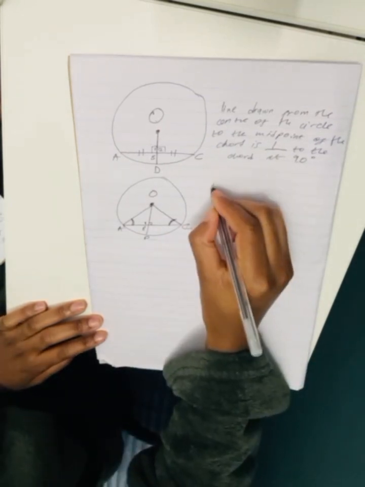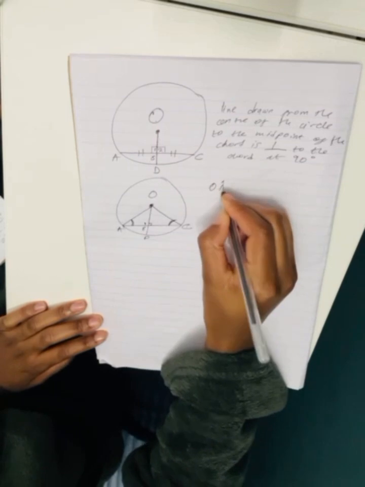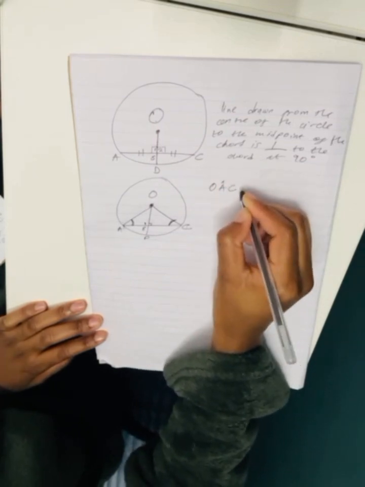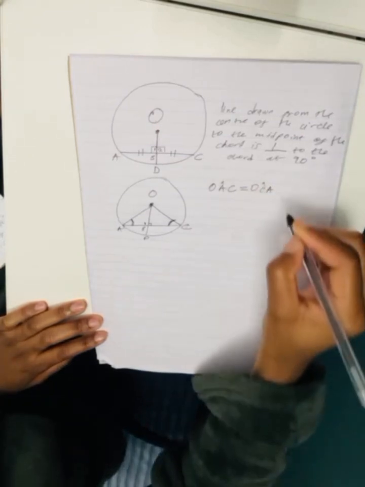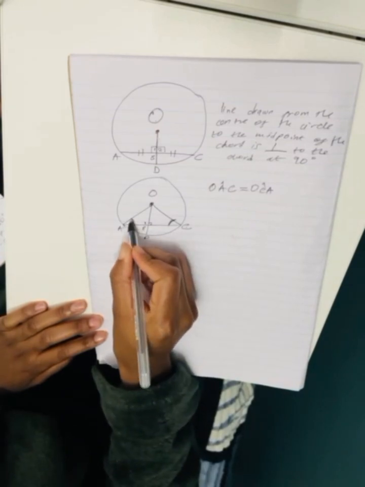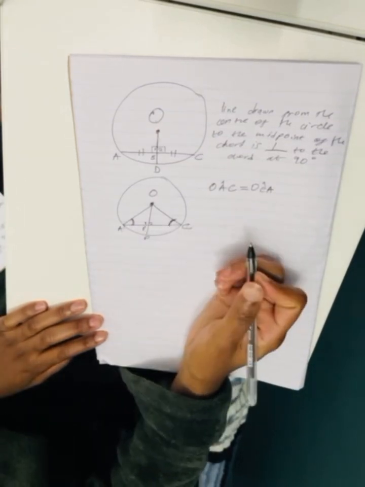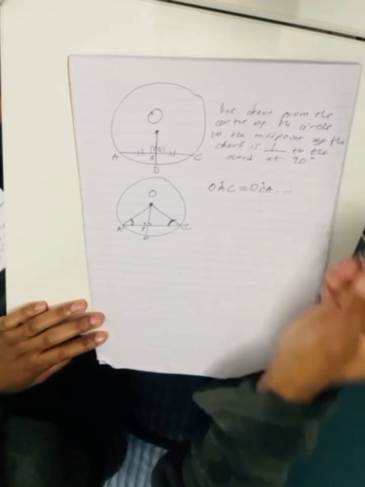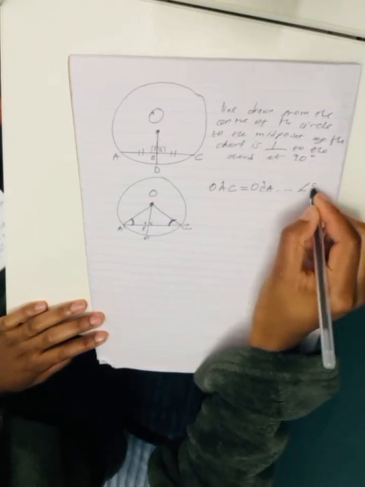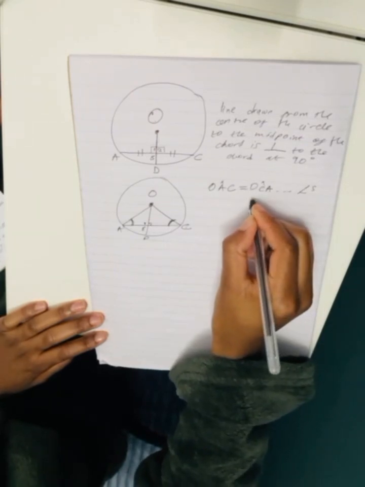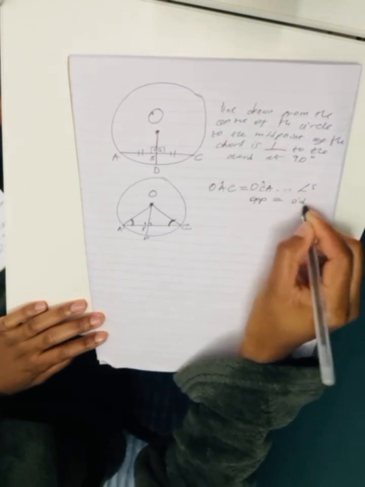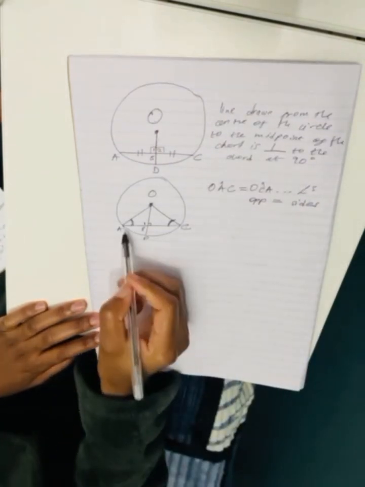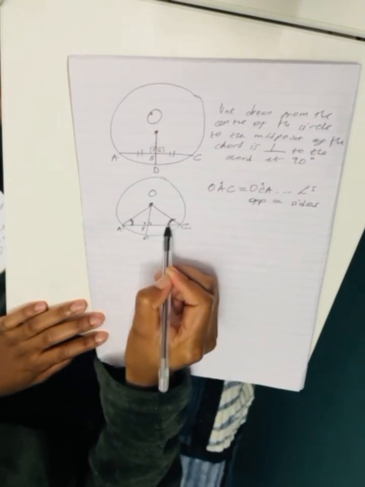So we say that angle OAC must be equal to angle OCA, which are the same angles. What is the reason? We say angles opposite equal sides, meaning that this angle is equal to this angle.